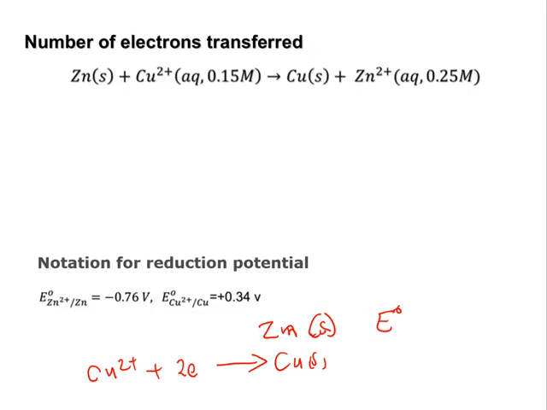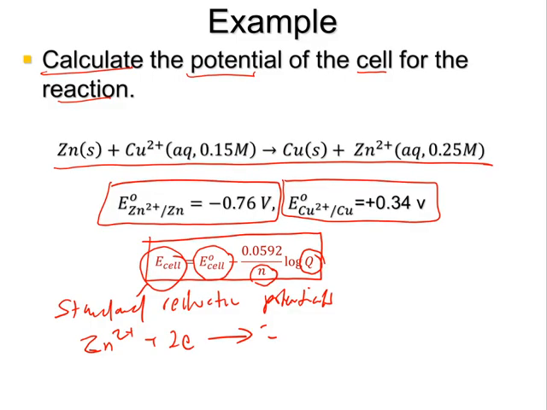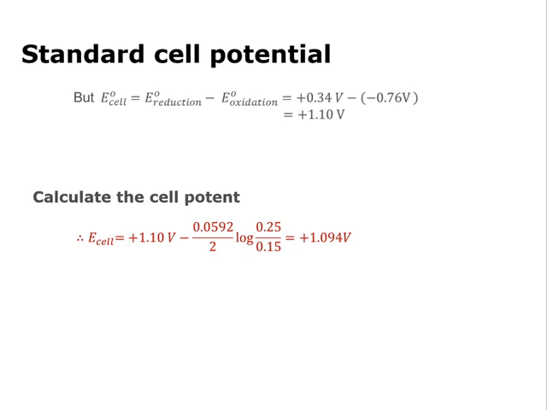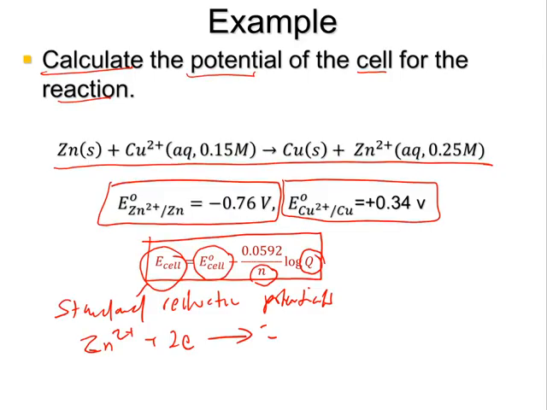Zero means standard conditions. Okay, I think we're here. We can just write this. This is zinc, then this is copper 2 plus.